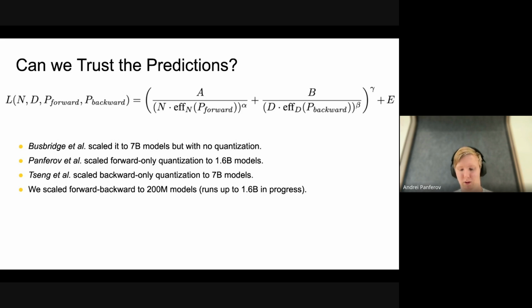And even though we ourselves only trained models up to 200 million parameters, from everything mentioned above, we conclude that this scaling law is probably stable for higher parameter counts as well, and we can use it to extrapolate model performance and make predictions about quantization-aware training for even larger model sizes that would be very expensive to test explicitly.